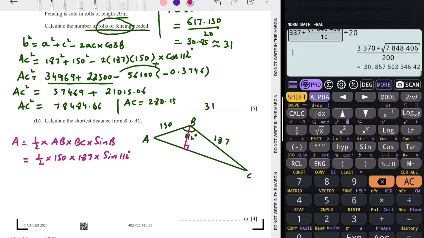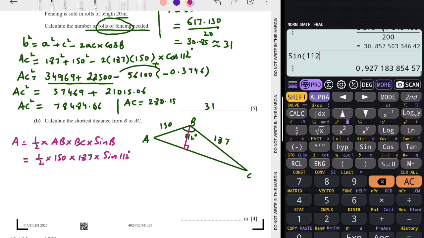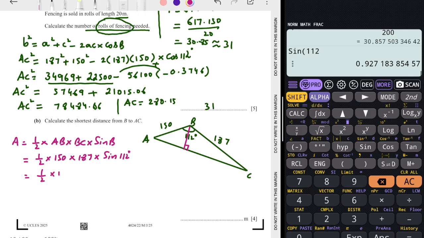First of all we have to find the value of sine 112, and that is 0.9271. So 150 times 187 times 0.9271.